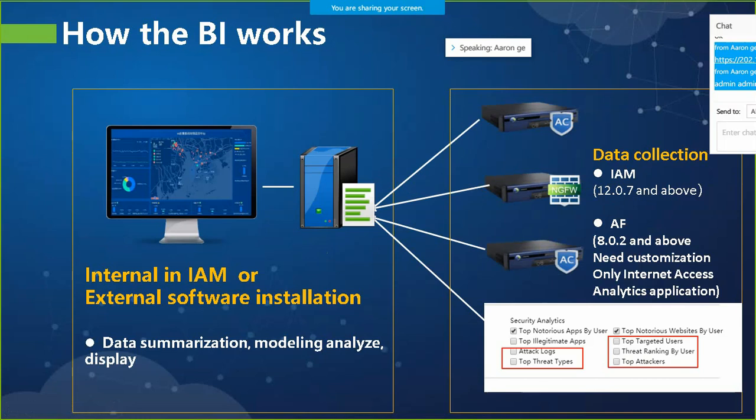Another feature is that, because there is a centralized log summarization and log collection application in this BI platform, we can also collect the security logs from the firewall. But the limitation is that the firewall has to be on 8.0.2 firmware, and we also need customization to support the logs coming from the firewall, and only the internet access application and analytics applications support this integration.